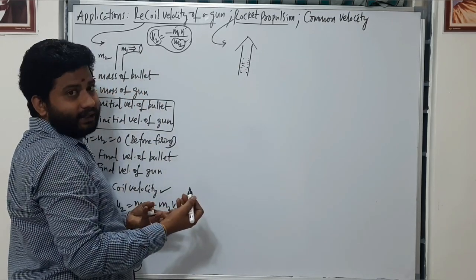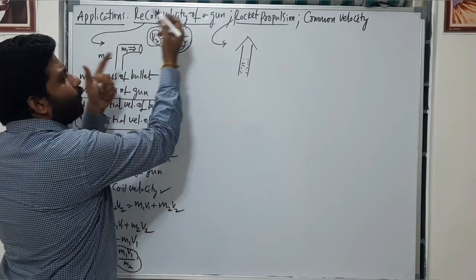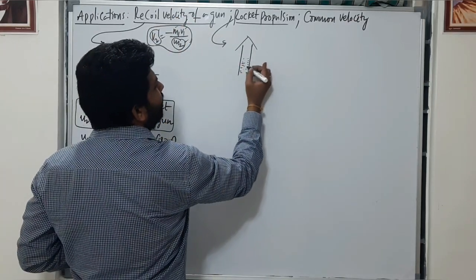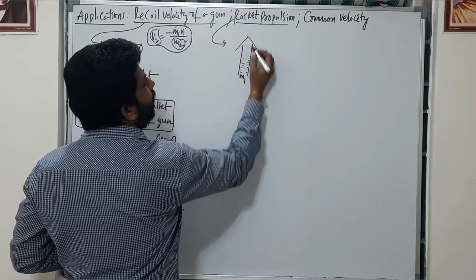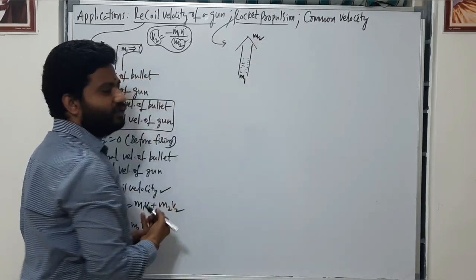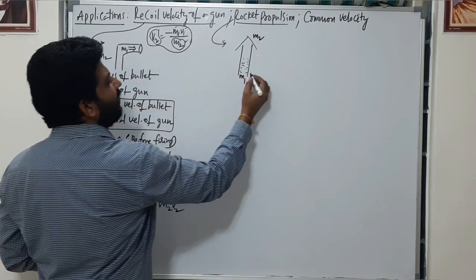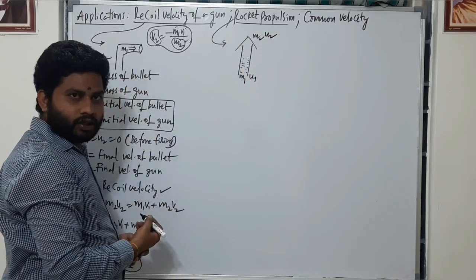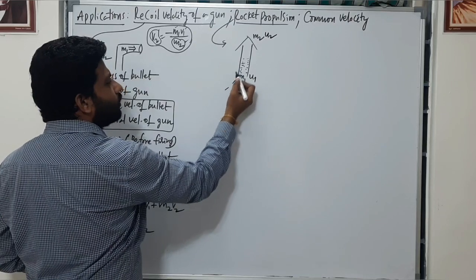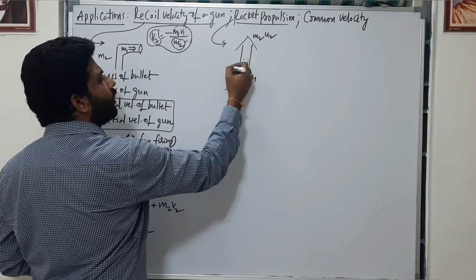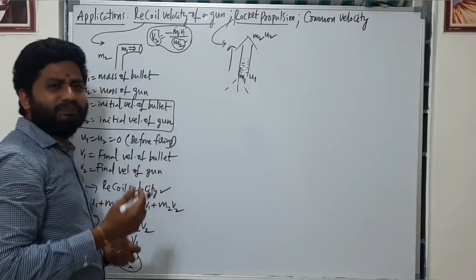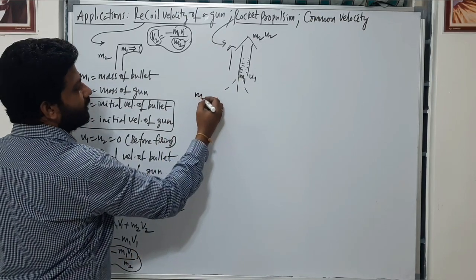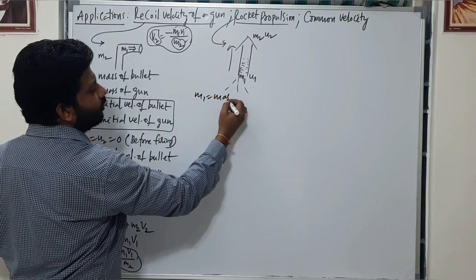And before the firing, here bullet is equal to fuel. That's it. So m1 is the mass of the fuel, m2 is the mass of the rocket. Initial velocity of the fuel, initial velocity of the rocket. So when the fuel comes out in this way, rocket moves forward. So simple, right? Now let me write the same thing. What is m1? Mass of the fuel.